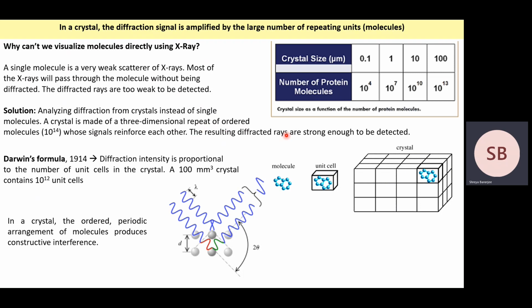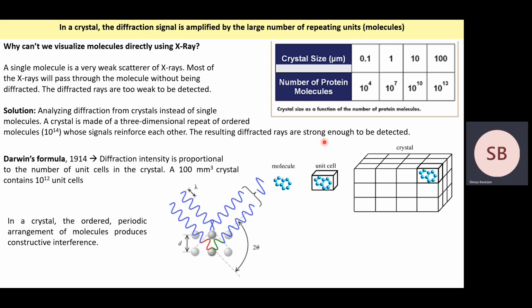So the resultant diffracted beam has high intensity and is strong enough to be detected, because the intensities from each of the atoms in the crystal reinforce each other.